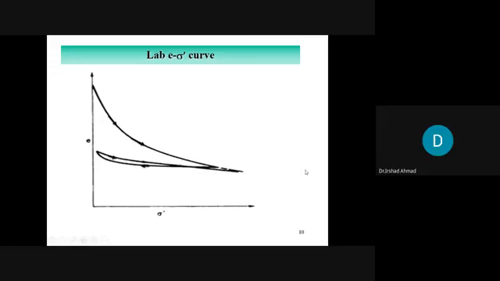You know what I mean? Okay. This is expansion curve. This curve is called expansion curve because it is expanding. The soil is expanding, the soil is swelling.